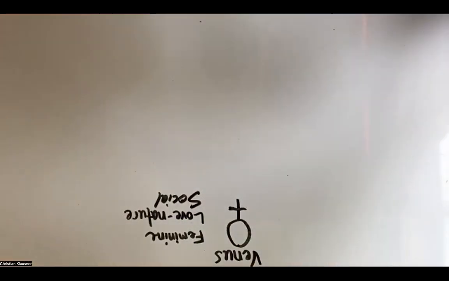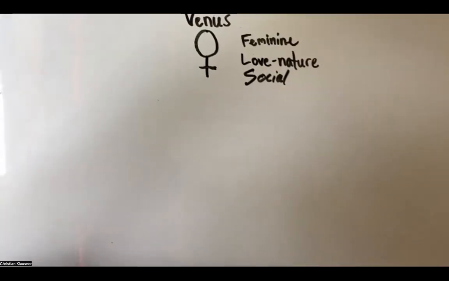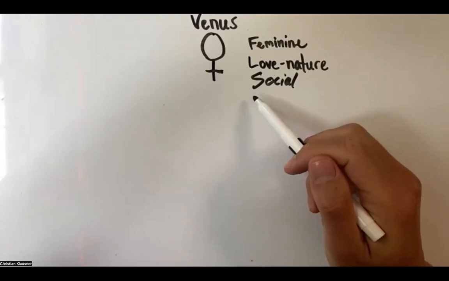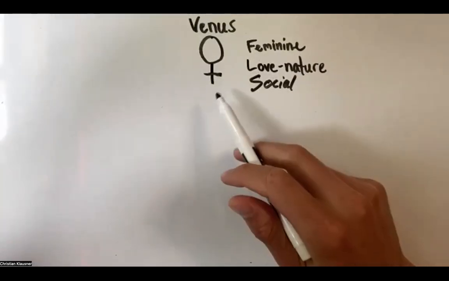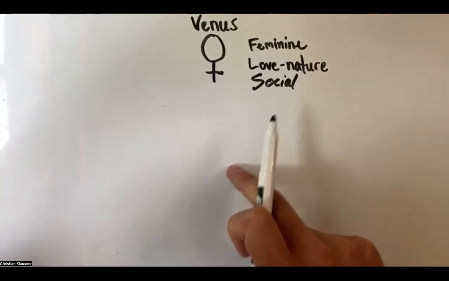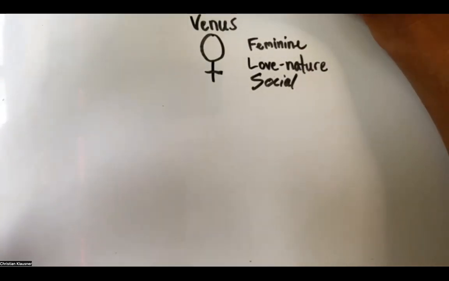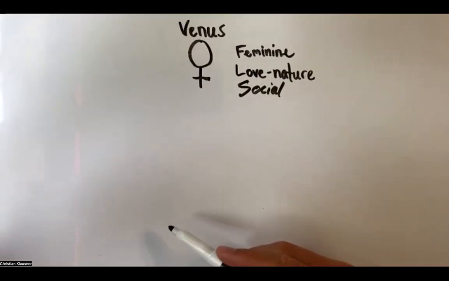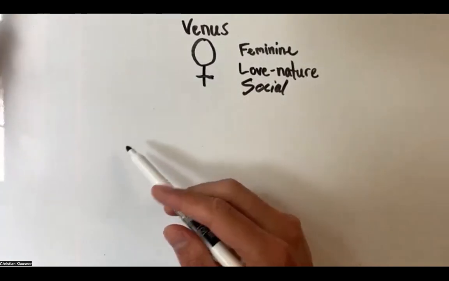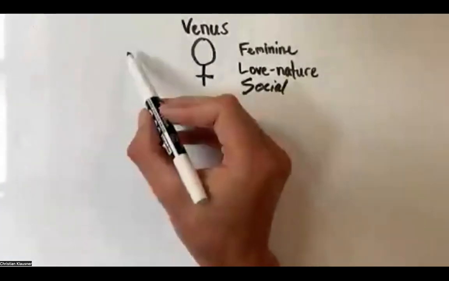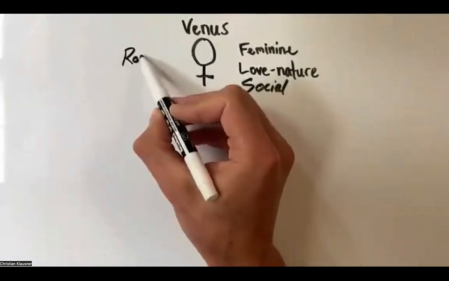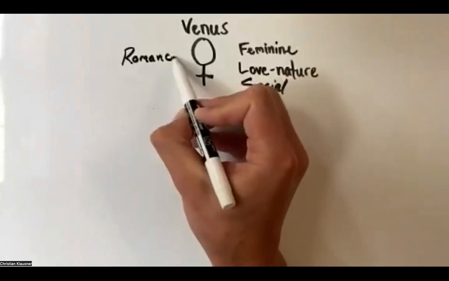Hope that makes sense. So Venus is always going to be the part of you that is tuned into the subtler dynamics of how you're communicating, right? So Mercury and Venus are working together through me now to relay this information to you in a way that can be relatable, in a way that can make sense, and in a way that you can hopefully love it.